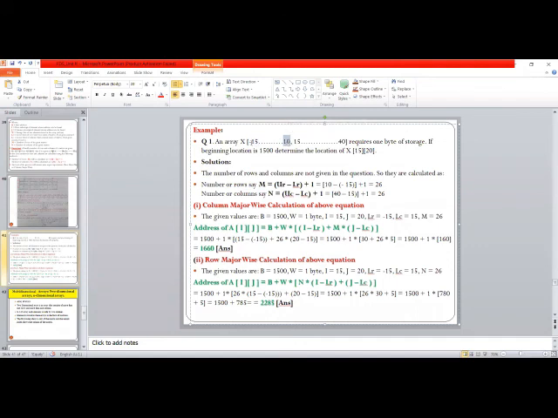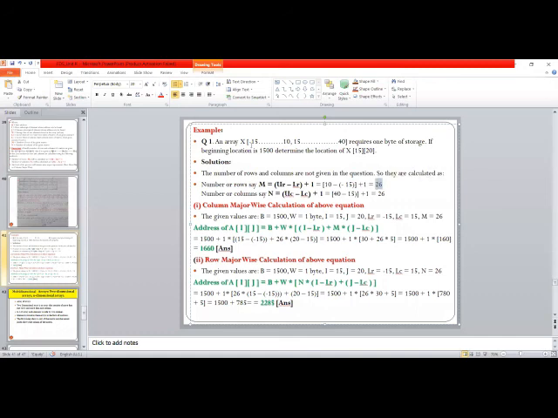So how many rows are there? You can find it out by using this formula. UR is 10 minus LR, that is the starting subscript, minus 15. So 10 minus minus 15 plus 1.